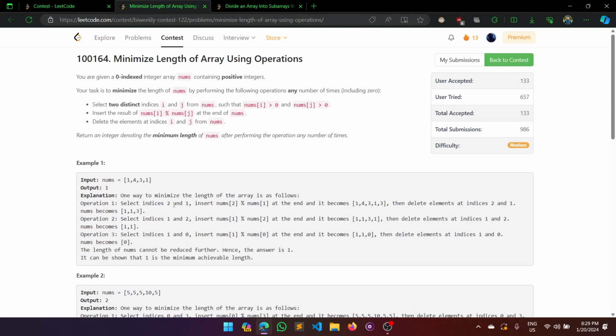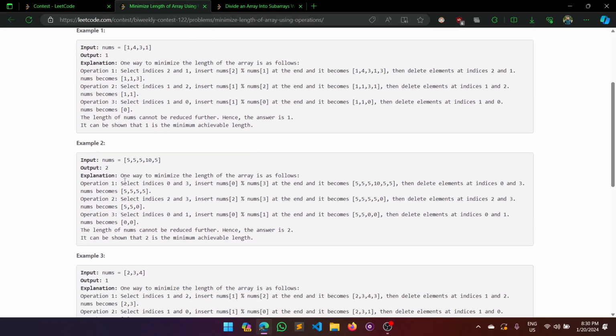There will be cases in which getting 1 as the modulo is not possible. In that case, what will we do?